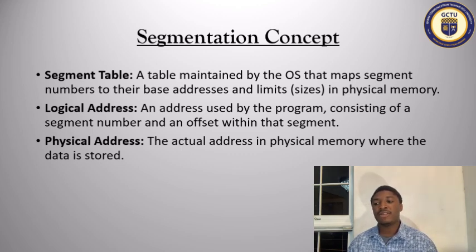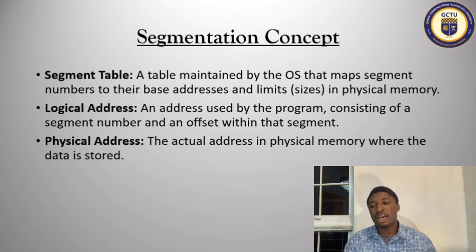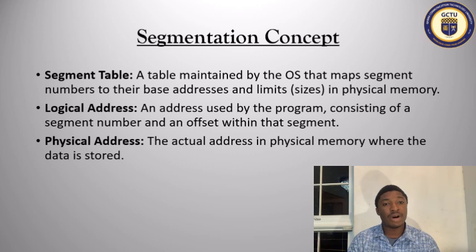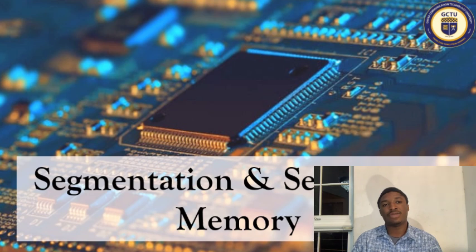And we have the logical address, an address used by the program consisting of segment number and an offset. I also talk of an offset, which is the number in addition to the base number to find your physical address. And we have the physical address, the actual address in the physical memory where data is stored. So to get whatever is in the segmented parts, you need to get to the physical address, and that's what we talked about in the illustration.